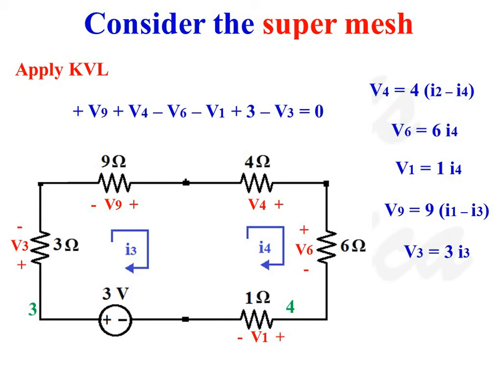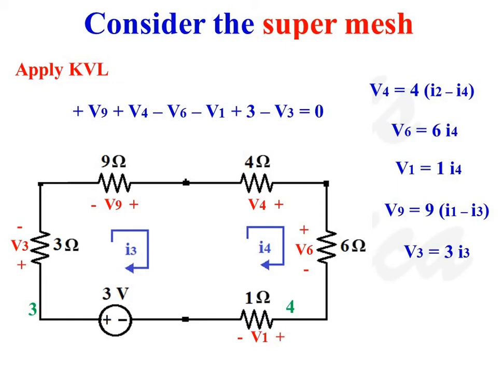So we have to consider the loop current as clockwise. When we consider voltage drop across the 9 ohms resistance V9, as we move from negative potential to positive potential, V9 should be taken as plus V9. When we consider voltage drop across 4 ohms resistance V4, as we move from negative potential to positive potential, V4 also should be taken as positive.